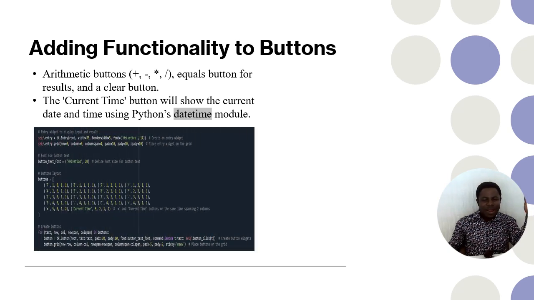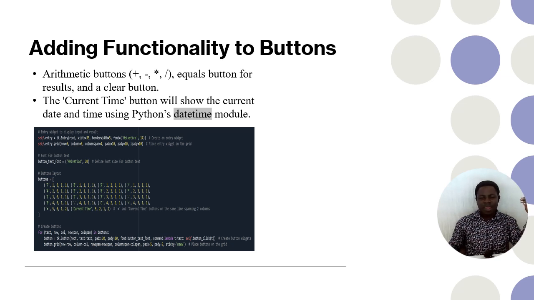If you look at the lines of code I have here, it shows how I arrange my buttons. I started with 7, 4, 1 and the equals button, then 8, 5, 2, the full stop, which is going to perform the decimal operation, and the button that is going to show us the current time.